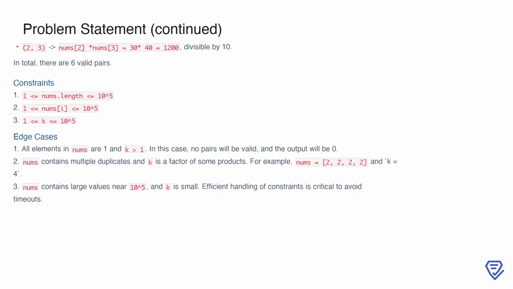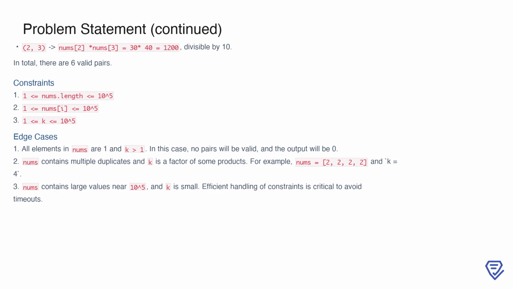Similarly, the pairs (0, 2) and (0, 3) correspond to products 300 and 400 respectively, both divisible by 10. The pairs (1, 2) and (1, 3) give products 600 and 800, and finally, the pair (2, 3) gives 1200. All of these products satisfy the condition of being divisible by 10, so we count all 6 pairs.